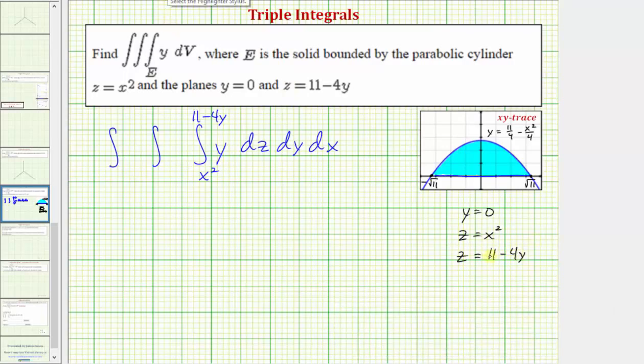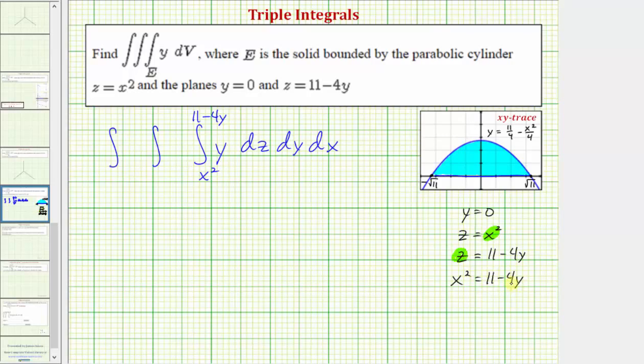Well, we need an equation in terms of only x and y to complete the xy trace. Since z equals x squared, we can substitute x squared for z in the second equation, which gives us one equation with just x and y. This would give us the equation x squared equals 11 minus 4y.